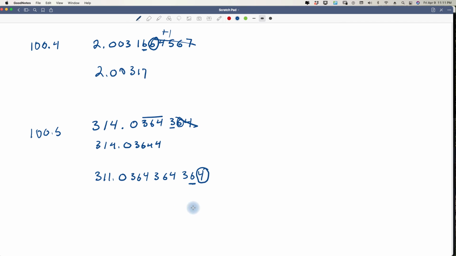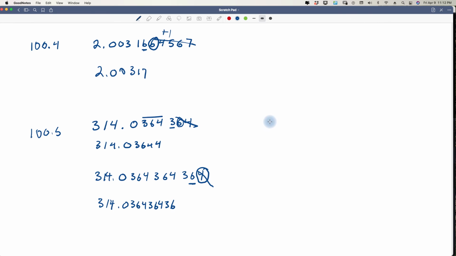Is this greater than or equal to 5? No. So it just goes away. And it stays like this. The answer is 3, 1, I'm sorry, there should be a 4. 0, 3, 6, 4, 3, 6, 4, 3, 6. And it stops. And that's it. Because we've rounded that number.